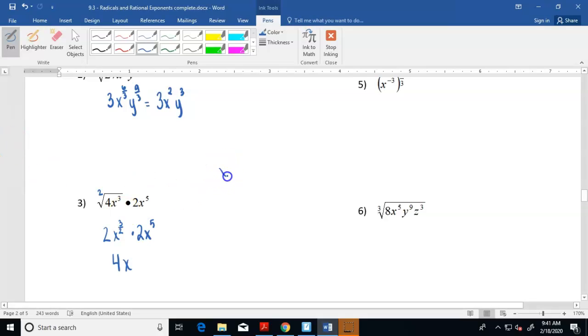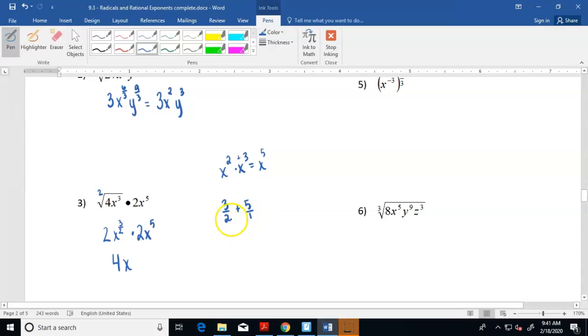Then I've got, what do I do with these exponents? What if I had a simple one? Like if I had x squared times x to the 3rd, what would that be? X to what power? 5th. I would add the exponents together, right? So I'm adding the exponents here. It's just not nearly as easy because I've got 3 halves plus 5, which I could write as 5 over 1, right? What's your common denominator for that?